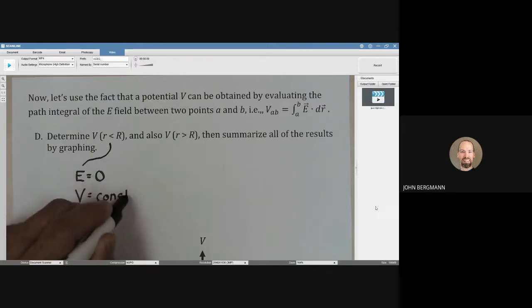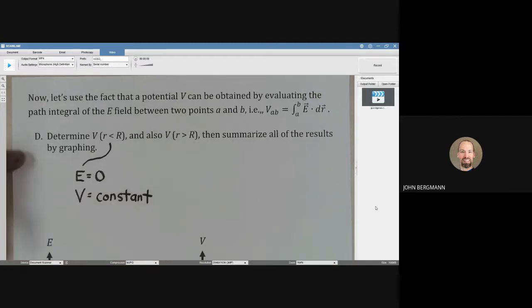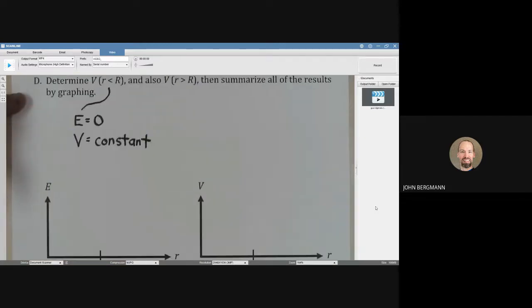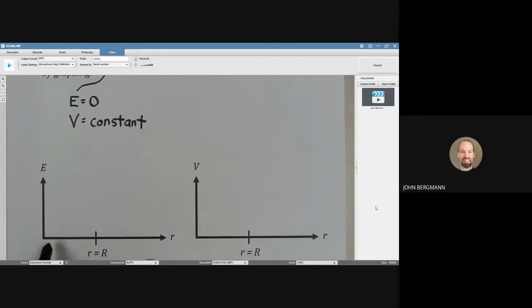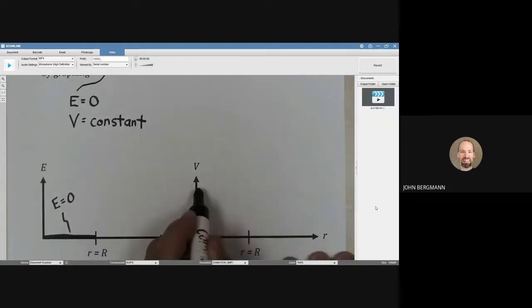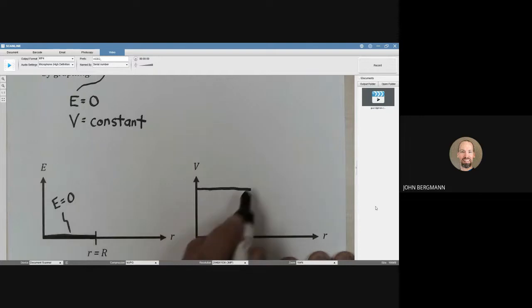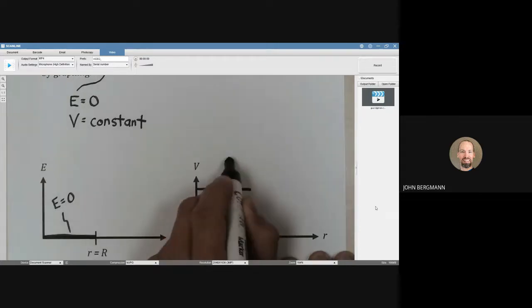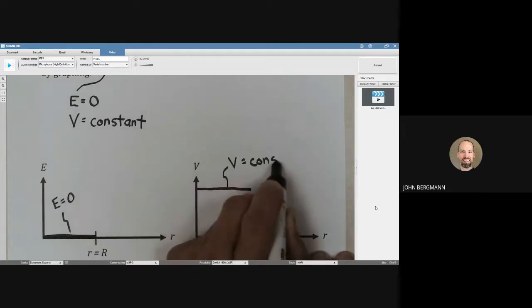So we don't know what that value is right now, but we know that it's a constant. If we want to start graphing here, down on the bottom of the screen, for r less than big R, the electric field is 0 right here, and the voltage or the potential is some constant number. Now we don't know what it is, but we know that it's some constant.